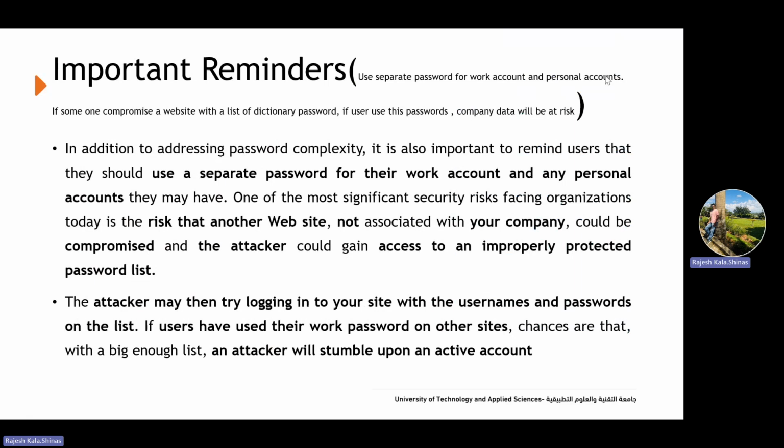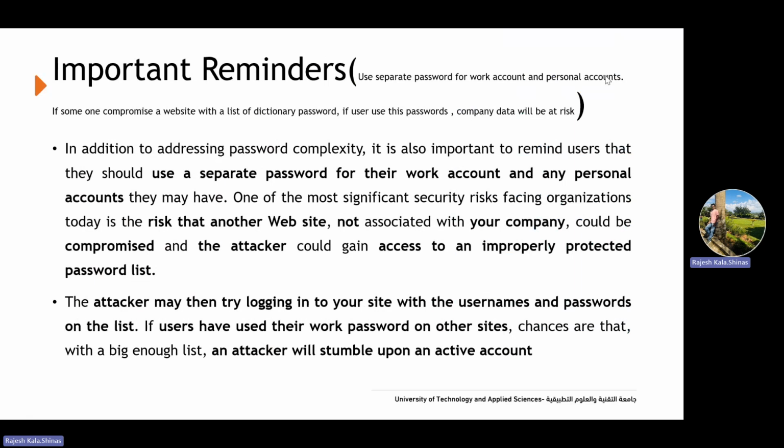Dictionary passwords are common passwords like test123# or admin123#. There's an attack called a dictionary attack, and a hacker can easily guess these common passwords. Then he will try that password on your personal account, and if it is the same as your official account password, he can easily get the information from your official account.